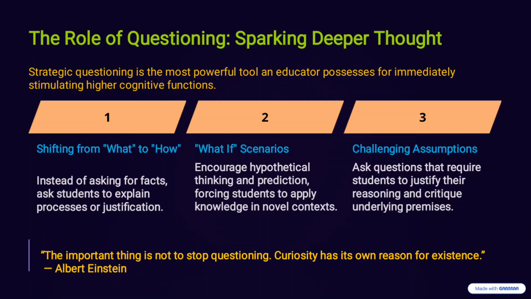Instead of asking for facts, ask students to explain process or justification. The second, what if scenarios. The educator must create what if scenarios, encouraging hypothetical thinking and prediction, forcing students to apply knowledge in novel contexts.